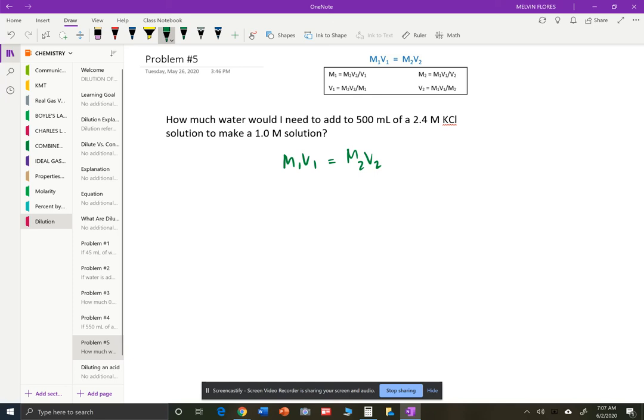Our initial concentration is 2.4, so we have 2.4 molarity times our initial volume, which is 500 ml, equals, of course, the final molarity, 1.0 molarity, and we're looking for V2, which is the volume. If the question says how much water, then you're looking for the amount of water that needs to be added.